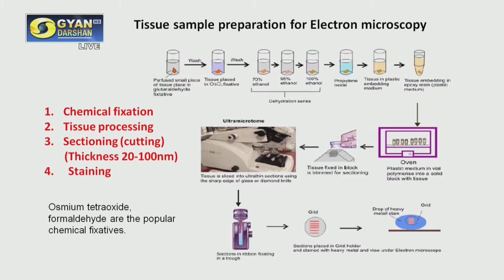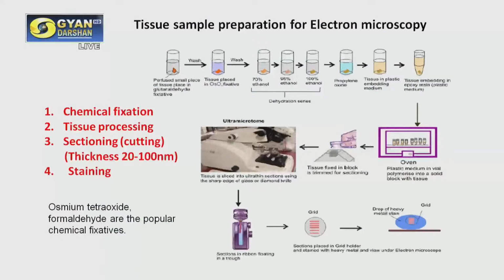If the tissue is animal or plant, we use osmium tetroxide and formaldehyde. So the processing includes chemical fixation, tissue processing, sectioning and staining. These are the four kinds of tissue preparation required for electron microscopy.